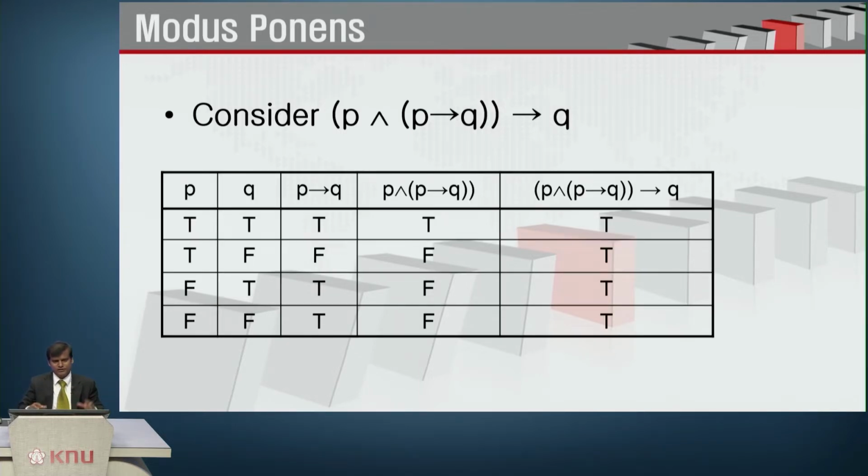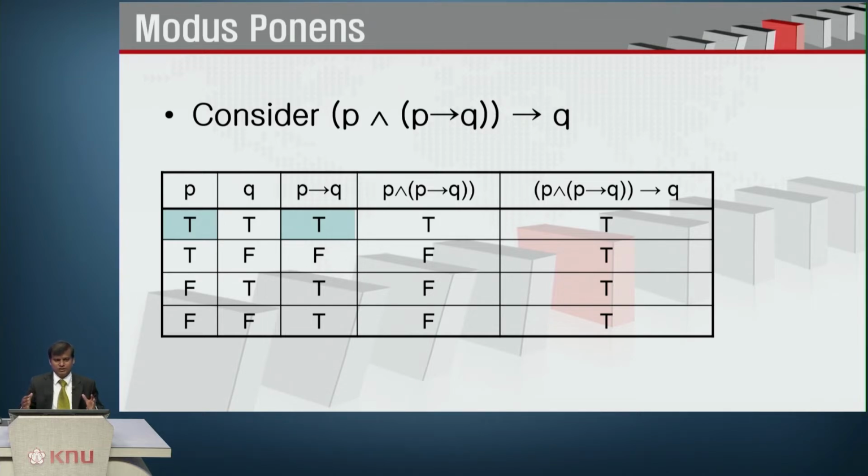Here is the truth table that can give us some idea. This is where we come across when P is true, then P implies Q is there.